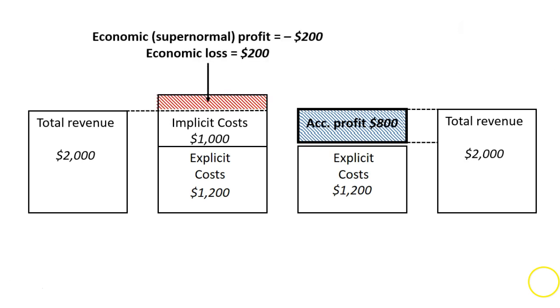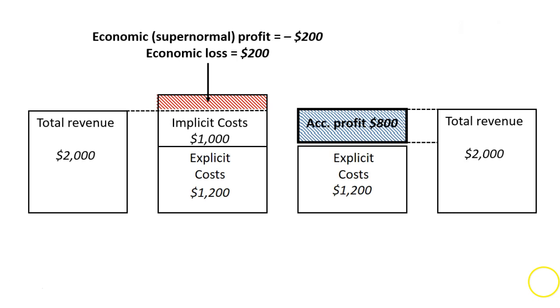In which case we would say that the business's economic or supernormal profit is negative $200 per week. Or, in other words, the business is making an economic loss of $200 per week.